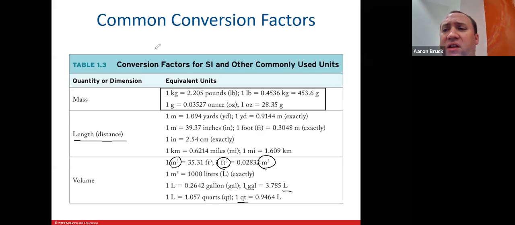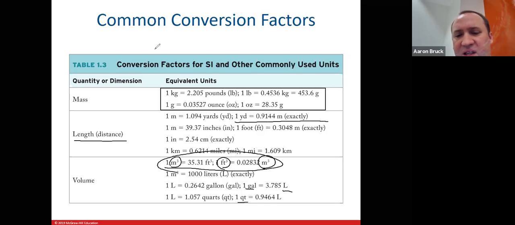So volumetrically, there are usually quite a few options available to us. Understand that these conversions of cubic arrangement are set up as triples, basically, cubes of the interconversions between the distance measurements themselves. We can prove this to ourselves.